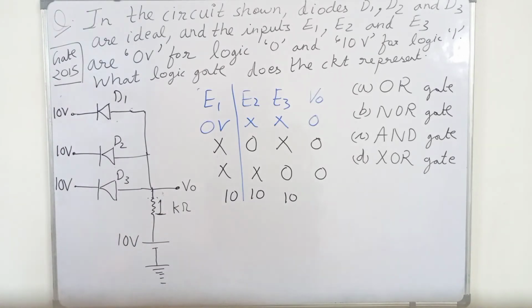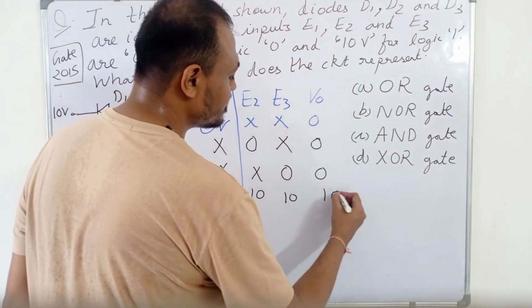So there will be no voltage drop across this resistor, so V0 will be equal to 10 volt.